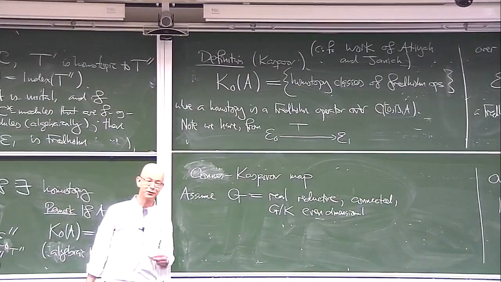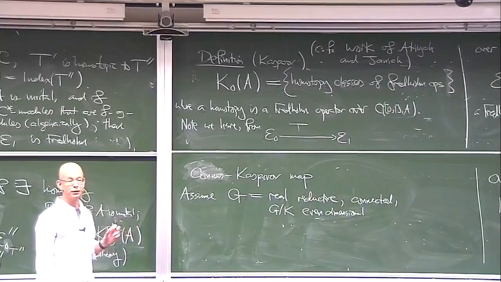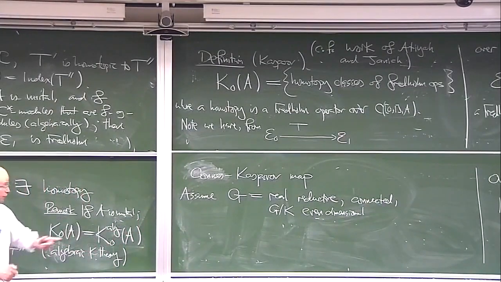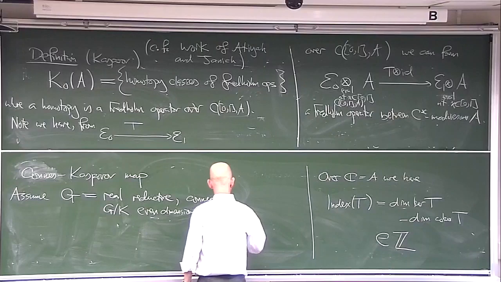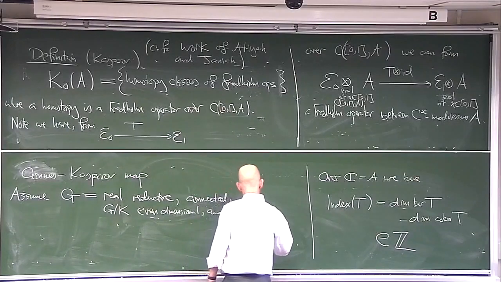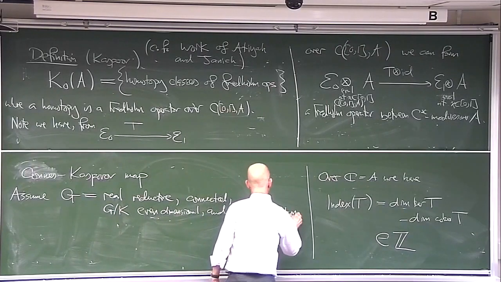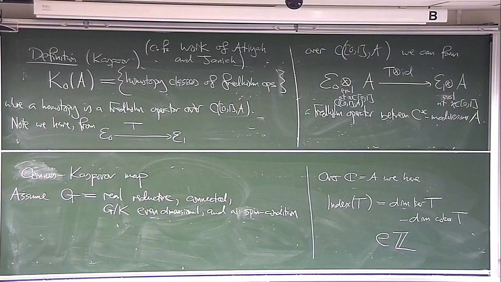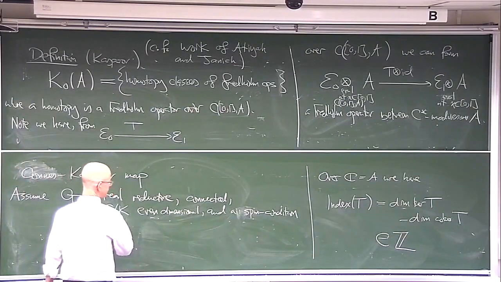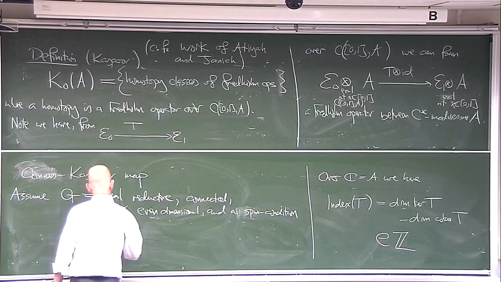It's also true that 3 minus 2 is 1, but the relevant formula is 3 minus 1 is 2. So this is okay for SL2. And there's an additional condition, which is related to the double cover of the orthogonal group. I'll just say the spin condition is satisfied.